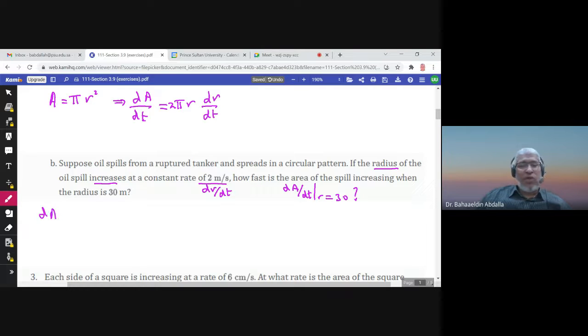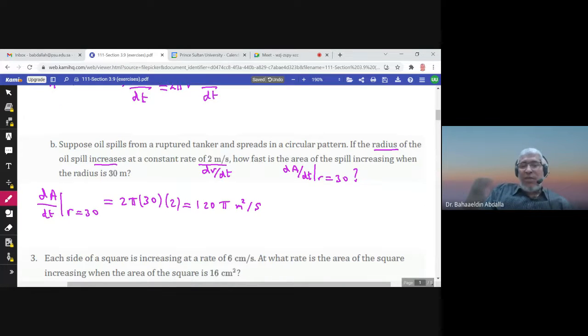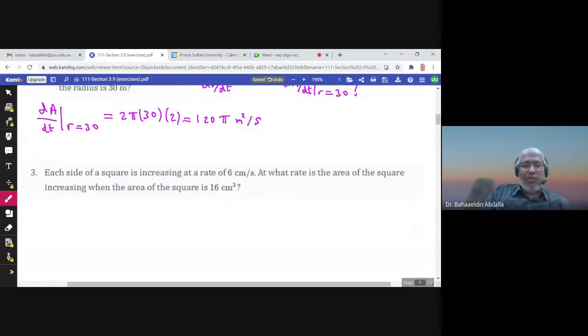So we need to find dA by dt when r is 30. We use the formula 2 pi times r, which is 30, times dr by dt, which is 2. So the answer is 4 times 30, 120 pi meter square per second, because the unit of the area is meter square.